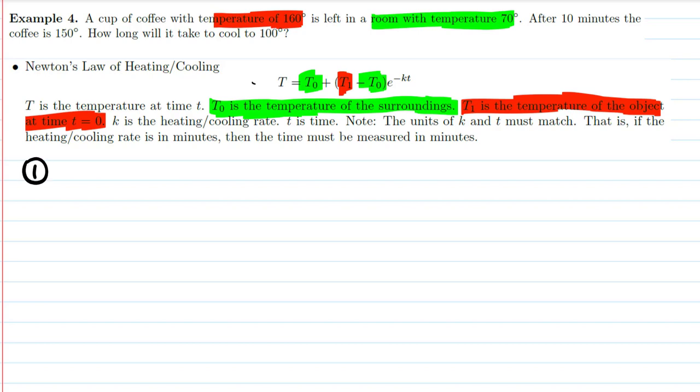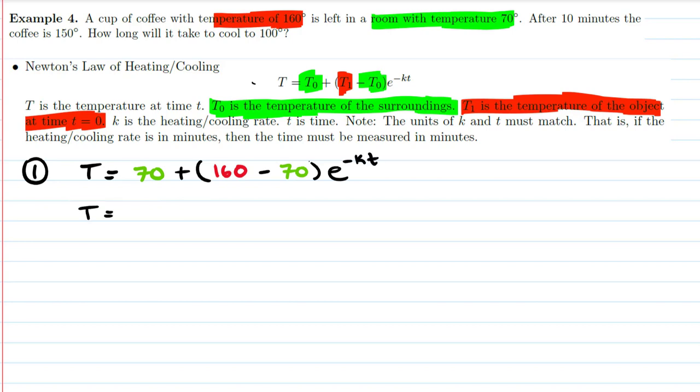So for step 1, that gives us T is equal to T naught, the temperature of the surroundings, so 70 degrees, plus the initial temperature of the object, which is 160, take away the temperature of the surroundings, which is 70, times e to the negative kt.